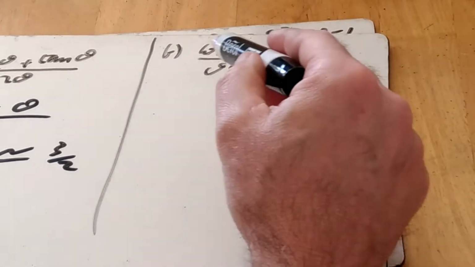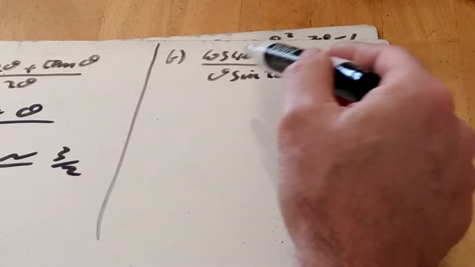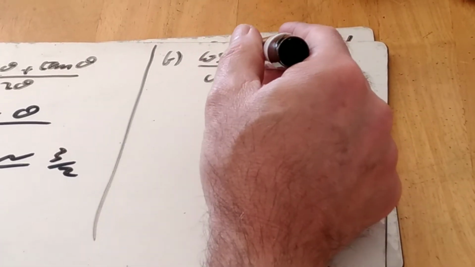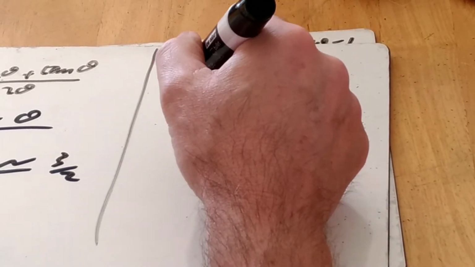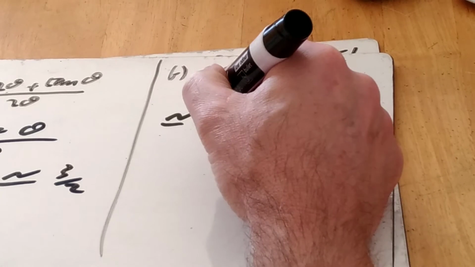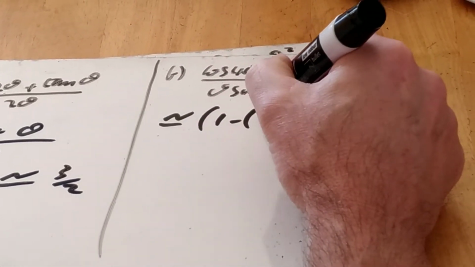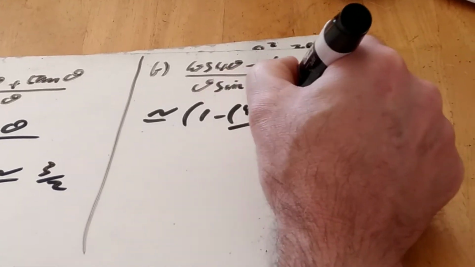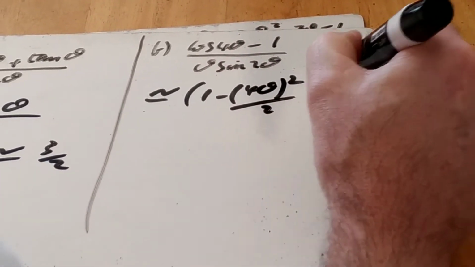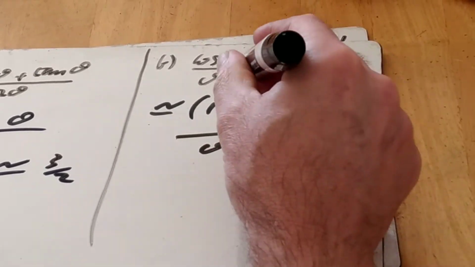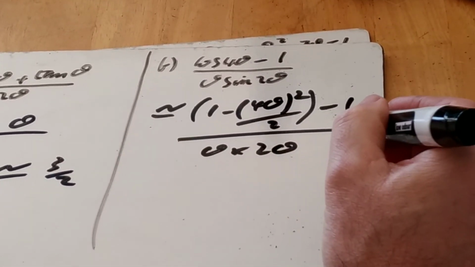For B, here's our expression, cos 4 theta minus 1 over theta times sine 2 theta. And as before, theta small, 4 theta is still classed as being small as well, so we can say that this is 1 minus, be careful with this one, it's got to be 4 theta all squared over 2, and minus the 1 there, and then divided by theta times sine 2 theta, which is approximately 2 theta.